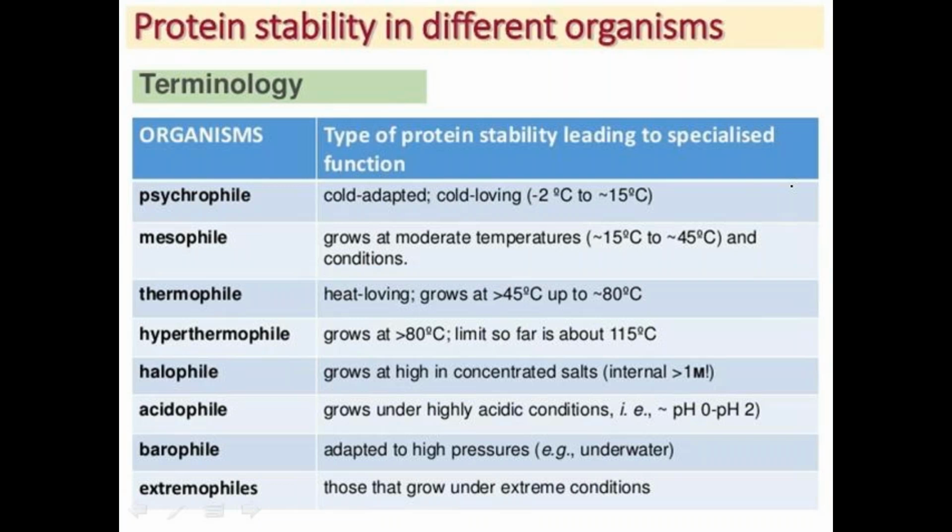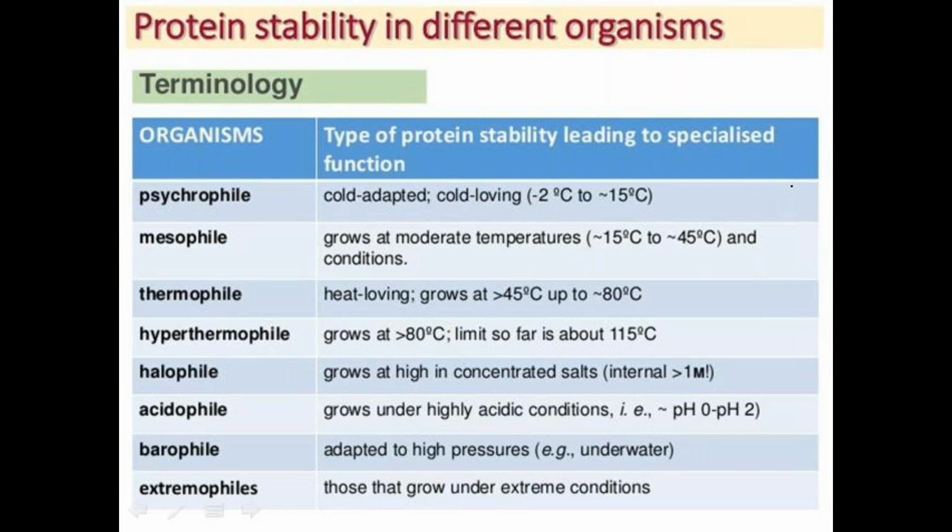Okay, they have to adjust to that particular type of environment, so they change their conformation state. For example, psychrophiles have to modify their proteins to adjust to cold conditions.